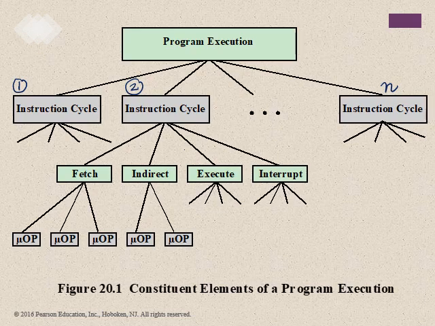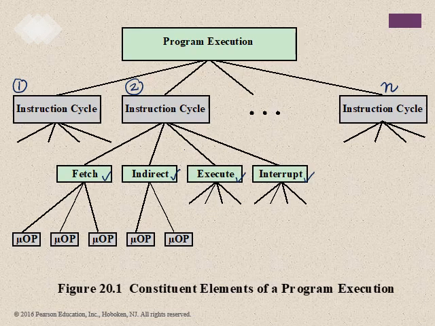What are they, students? We just finished this in chapter 14. So we have fetch, and then maybe we have branching, then we go to indirect cycle. We must execute, and sometimes we have interrupt cycle. And the execution of each subcycle involves one or more shorter operations.